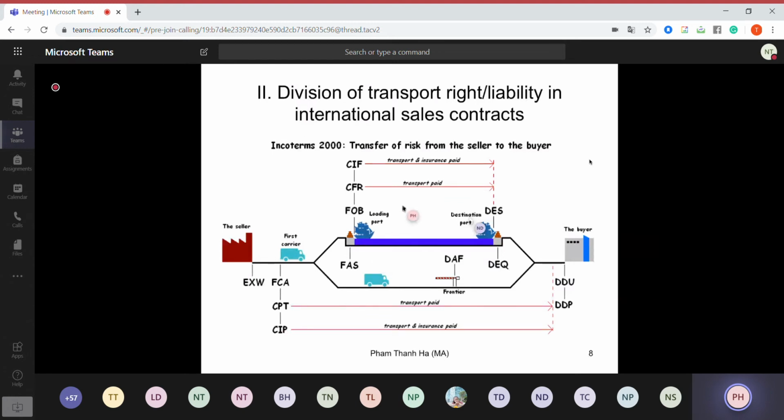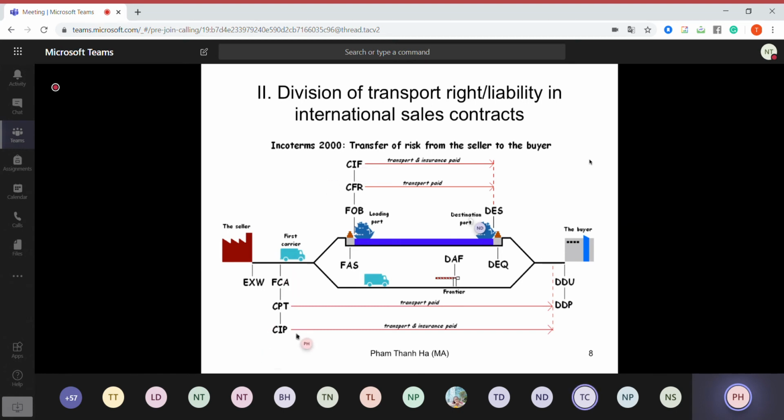They also have another suggestion that for the CIF, the popular case is that we should apply the C clause for the insurance. However, if both parties, the sellers and the buyers, agree, they can extend the insurance policy up to the B clause or even the A clause.